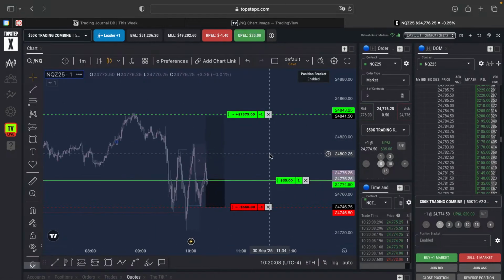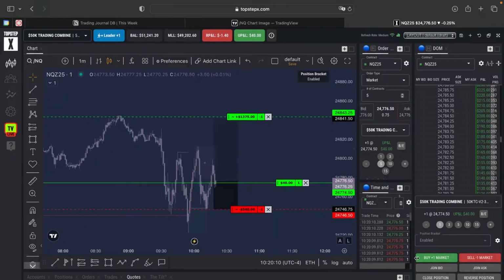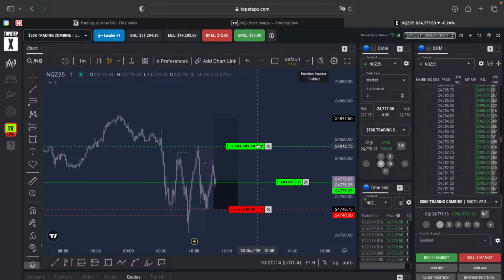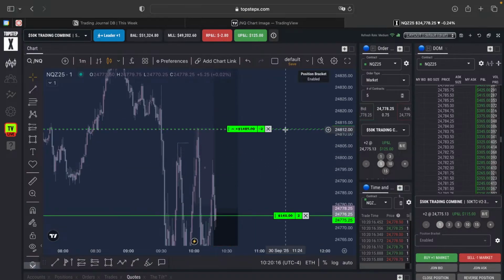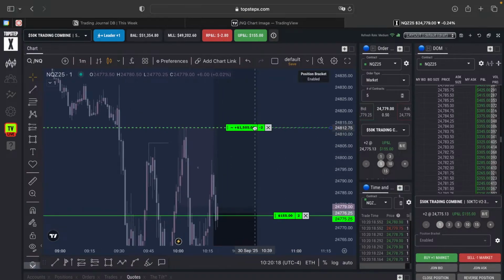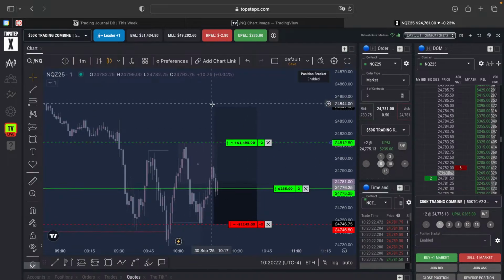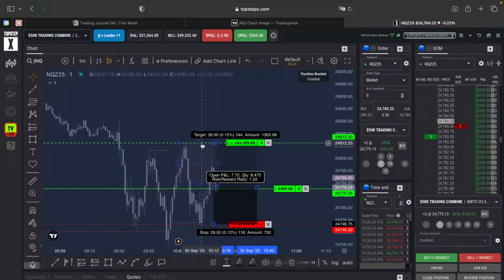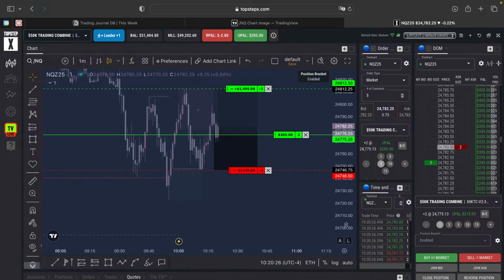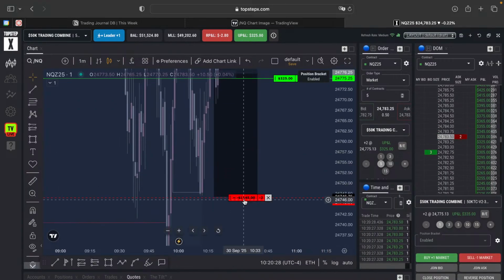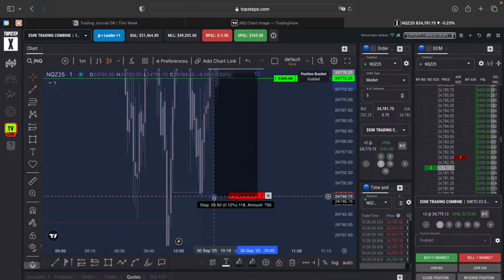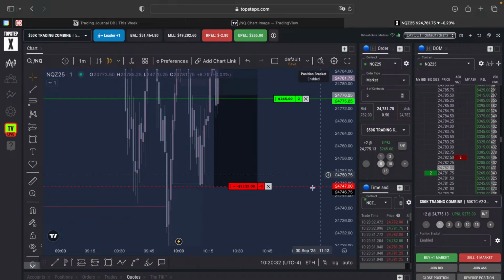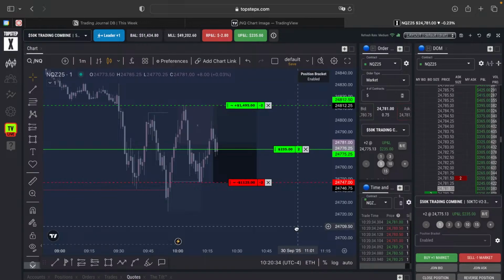And yeah, I'm gonna target the high again with one more contract. All right, cool. TP here, perfect. Stop loss here. We are now in the trade, fellas, and now let's see what happens.